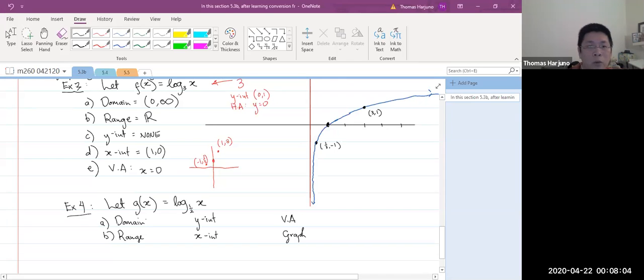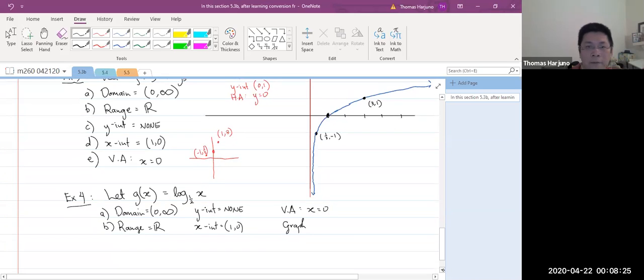The domain will be just like before, from 0 to infinity. The range is all real numbers. The y-intercept: none. The x-intercept is (1, 0). The vertical asymptote is x equals 0.